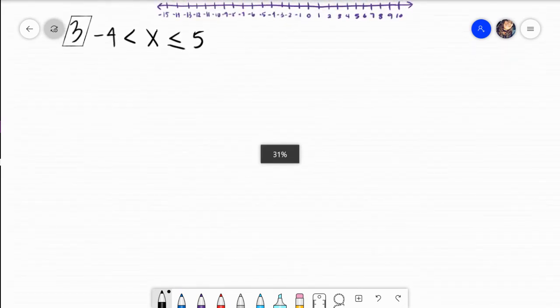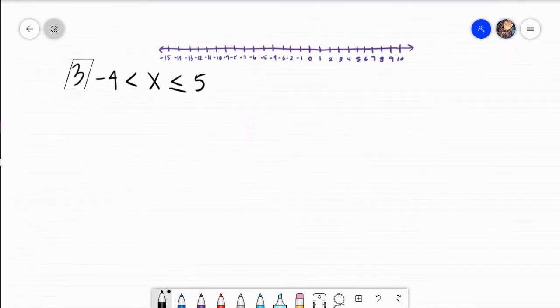I'm going to actually zoom in, y'all. Okay, so I'm going to start by reading this inequality. And the way I'm going to start it is I'm going to read it as x is greater than -4 and x is less than or equal to 5. Do you see how each time I started with my x?